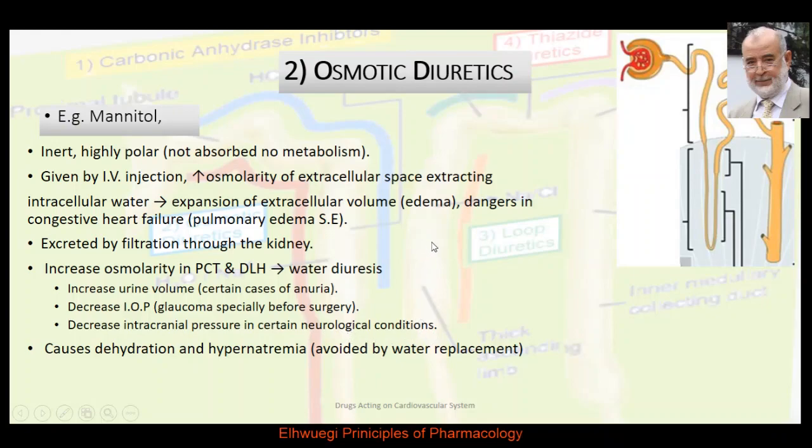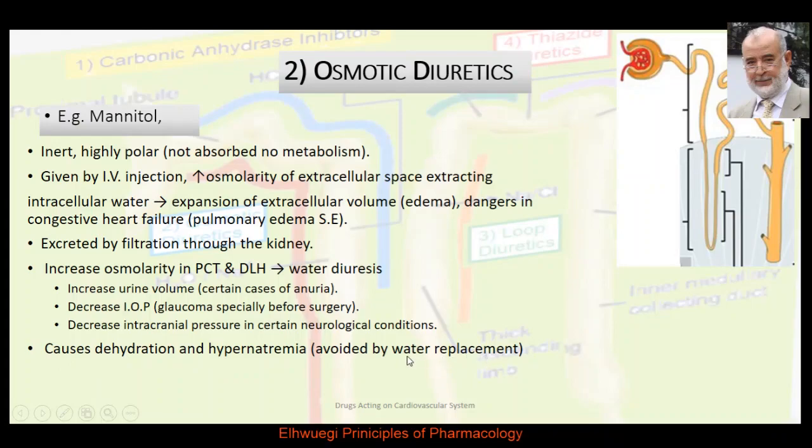The same thing, they are used to decrease intracranial pressure in certain neurological conditions. So mannitol, by producing water diuresis, is used in conditions related to the kidney, the eye and the cerebrospinal fluid. Of course, because they produce severe diuresis, they can cause dehydration. The dehydration can be prevented by giving water replacement, usually intravenous saline.